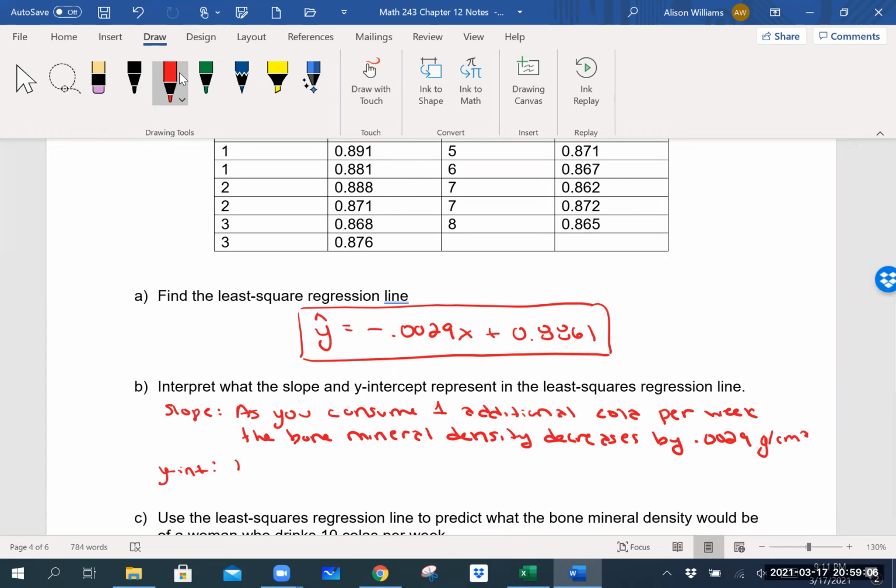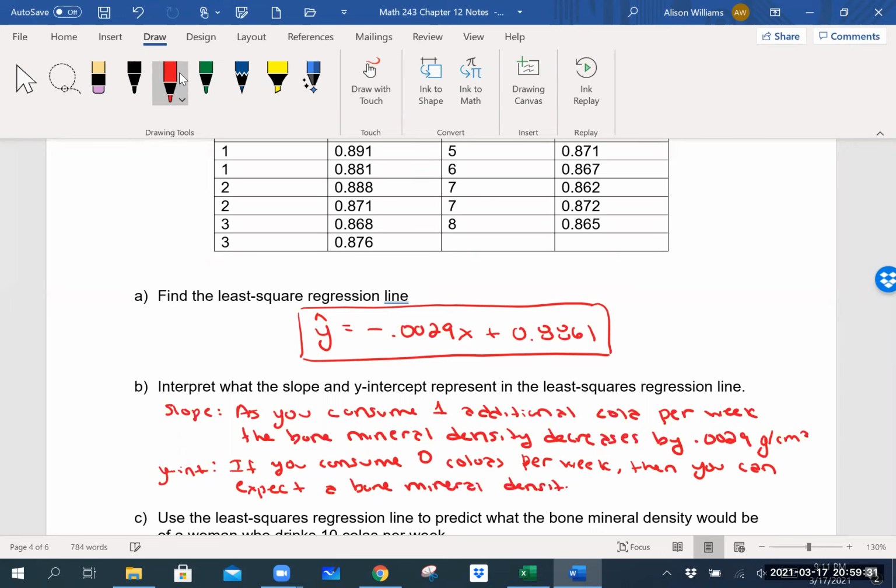So if you consume 0 colas per week, then you can expect a bone mineral density of 0.8861 grams per centimeter squared.